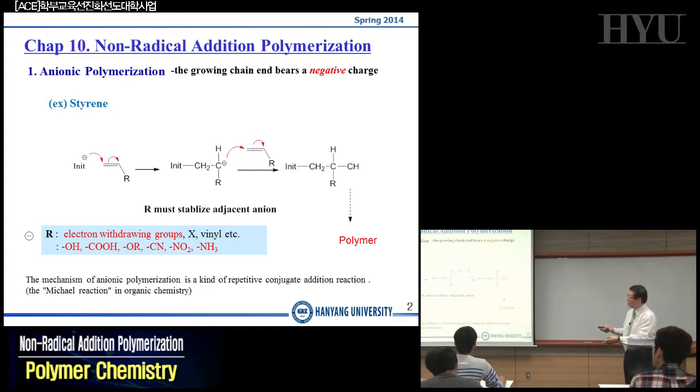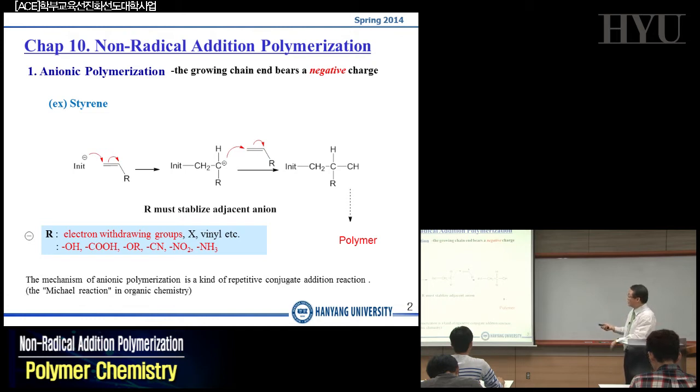Okay, when you pull the electrons from the alkyl or whatever, then X, for example, the electron density of the left-hand side carbon is a little weaker than this one. Okay? This is much more electron rich than the left-hand side. That's why the initiator can attack this left-hand side rather than the right-hand side. Okay? That's why the electron is moving, as you can see in the arrow.